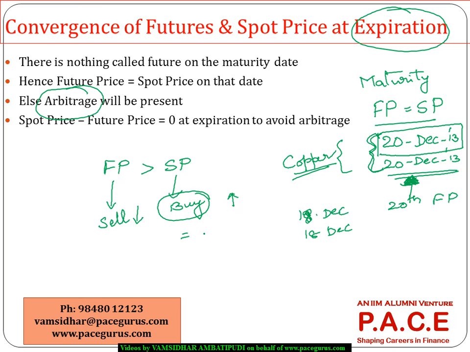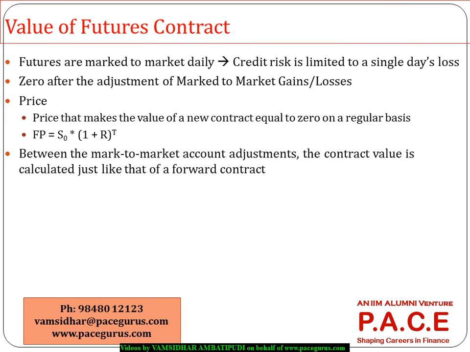So we can safely assume that on the expiration date, the futures price will be equivalent to the spot price. That is what we mean by the statement that the futures price and the spot price converge at the expiration date. That's one major concept we have to be comfortable with.